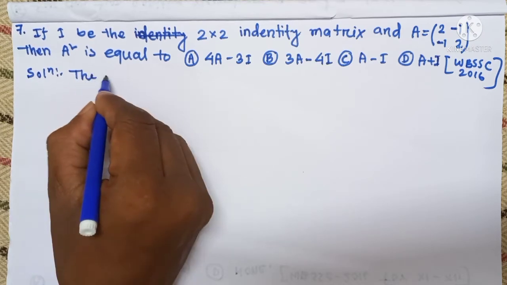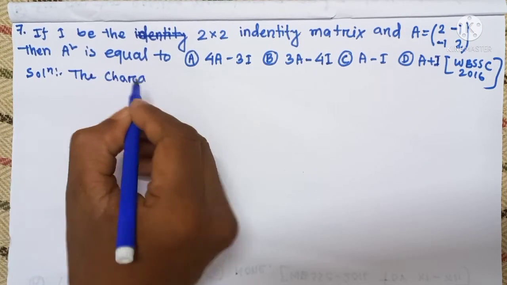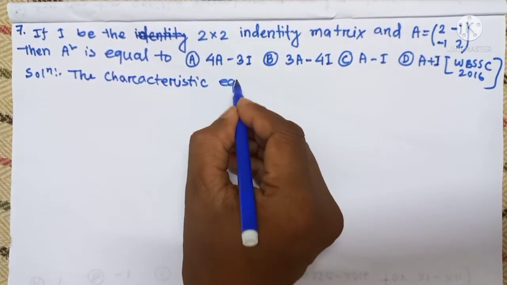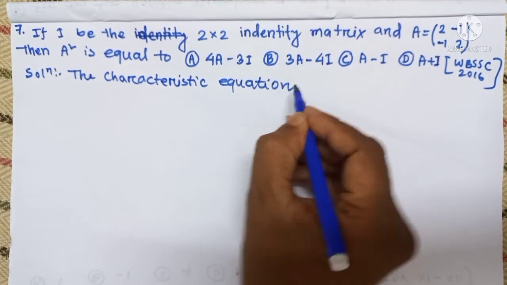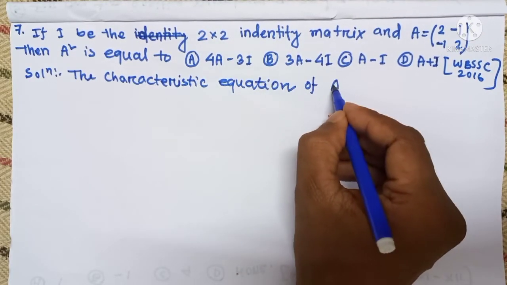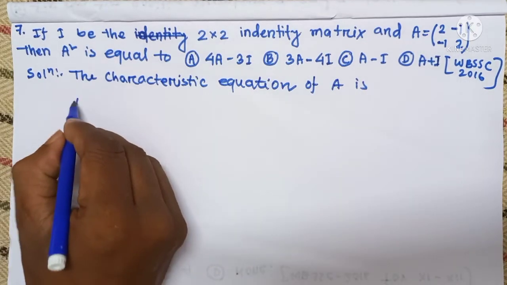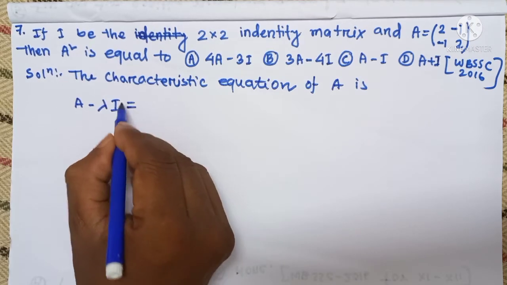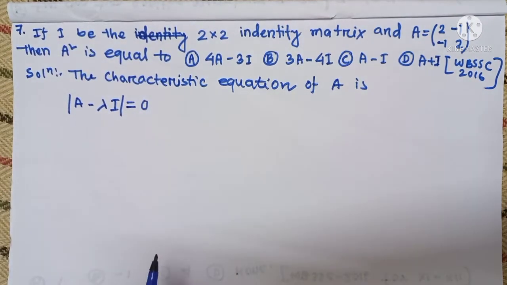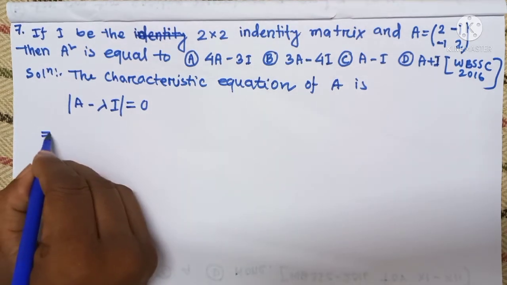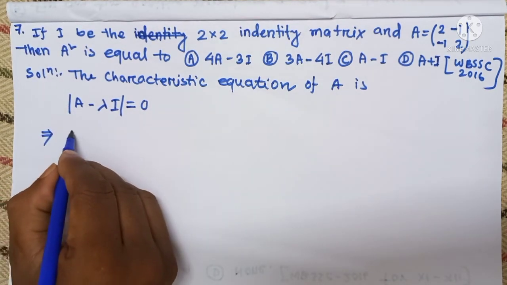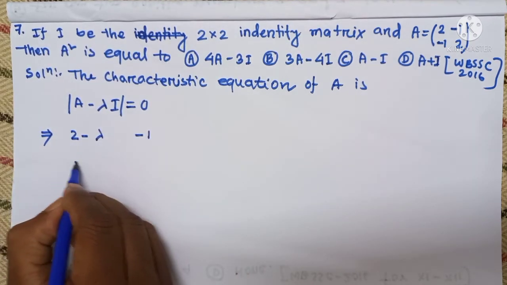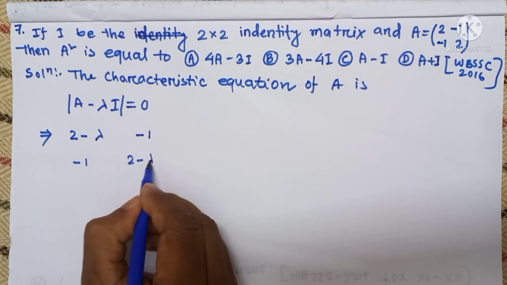The characteristic equation of the matrix A is determinant of A minus lambda I equals 0. This implies determinant 2 minus lambda, minus 1; minus 1, 2 minus lambda.